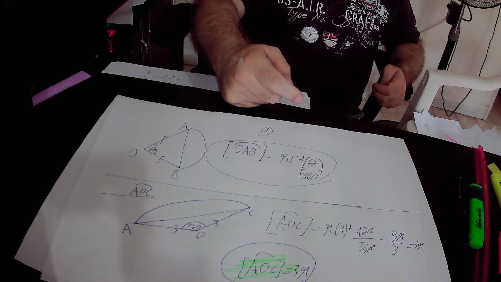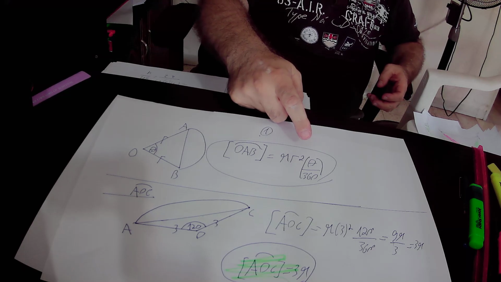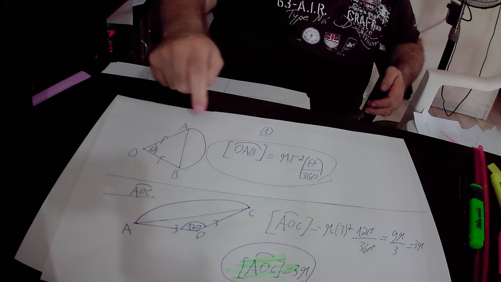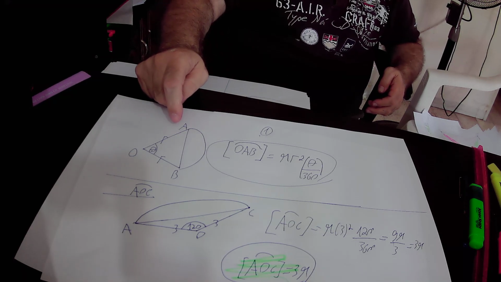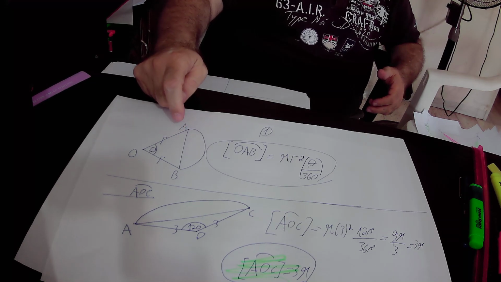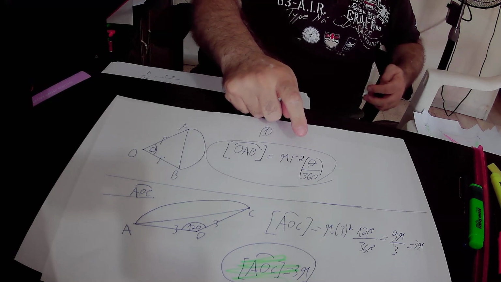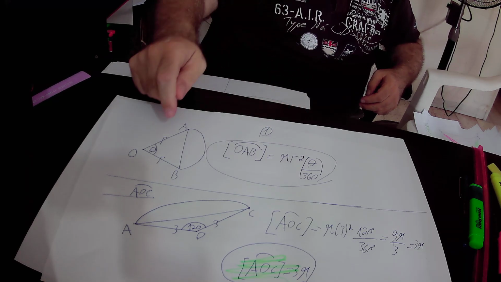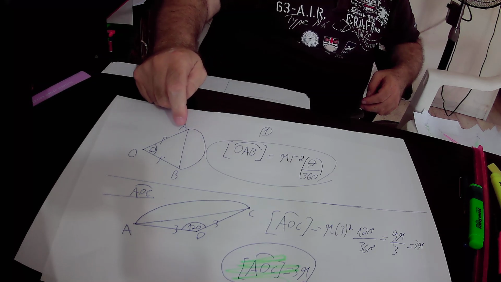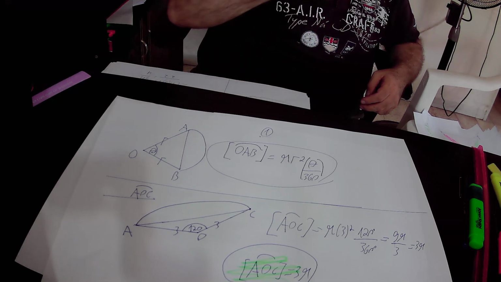I'll explain to you the meaning of this formula. The ratio theta over 360 degrees gives us the relative percentage that this sector occupies out of the area of the entire circle.